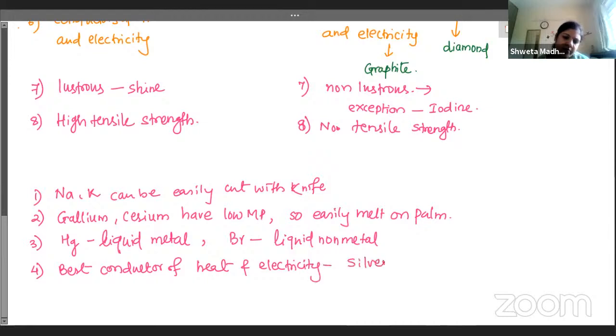Poor conductors of heat and electricity are mercury and lead.